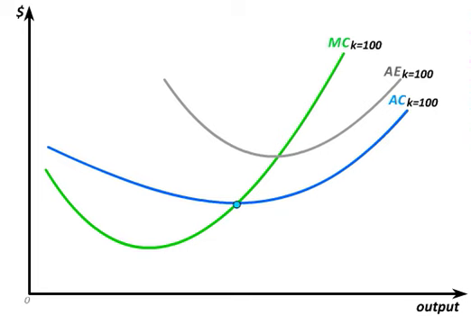Notice that that short-run average expenditure curve reaches its lowest point where the long-run average cost curve also reaches its lowest point. Because we've chosen the short-run fixed level of capital to be 100, we can therefore draw the long-run average cost curve as being tangent to the short-run average expenditure curve at the lowest point of both of the two curves.